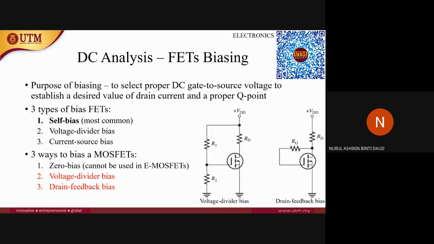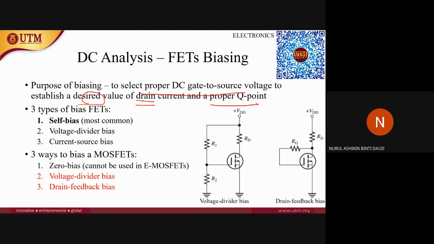Just a little bit of recap, the purpose of biasing is to select a proper DC gate to source voltage to establish a desired value of drain current. Okay, so for FETs, we want to find a desired value for a drain current and a proper Q point. So that's why we do biasing for FETs.